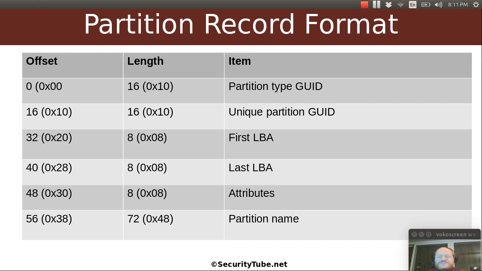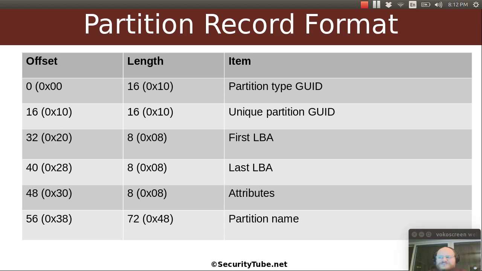And then you have a unique partition GUID, and then an 8-byte value for the first LBA, then an 8-byte or 64-bit value for the last LBA, 8 bytes worth of attributes, and then a partition name that can be up to 72 bytes long. Now this is normally stored in Unicode, so this gives you up to 36 characters.